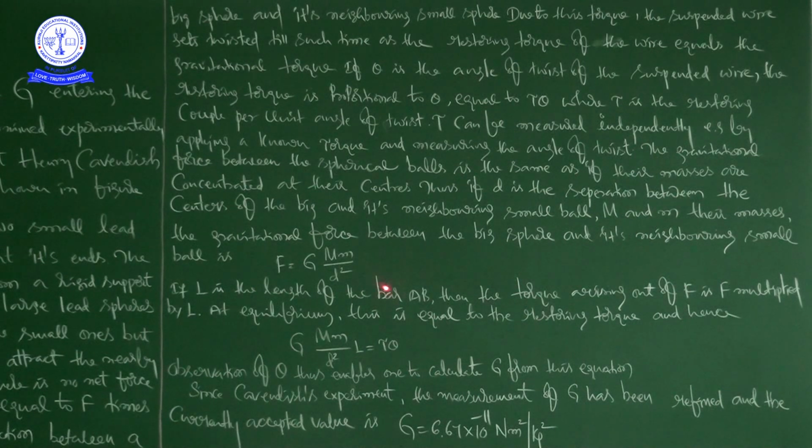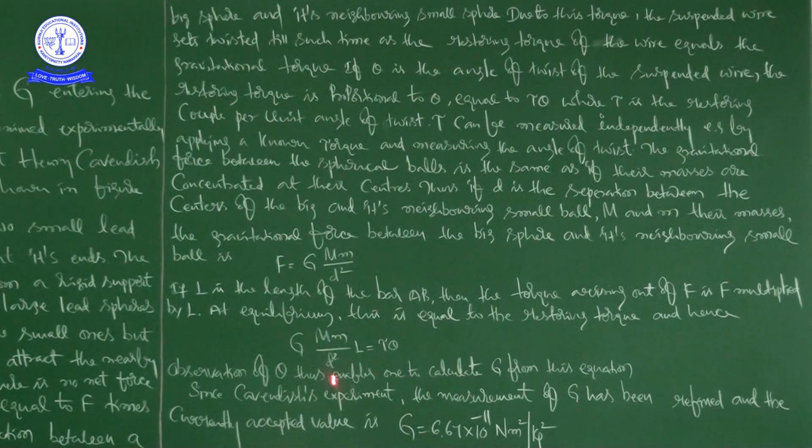Restoring torque and gravitational torque are both equal when the bar is in equilibrium. Observation of theta thus enables us to calculate capital G from this equation.